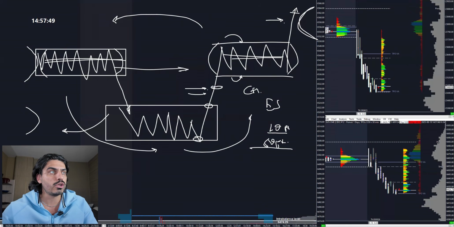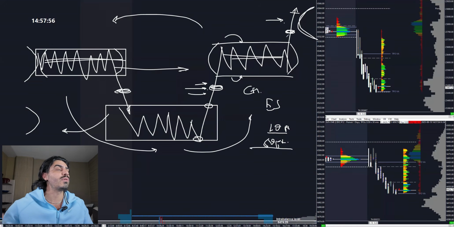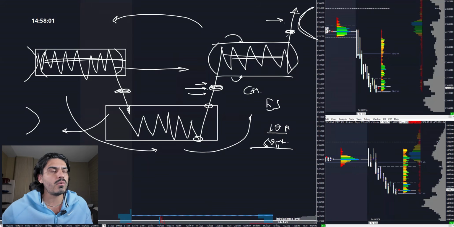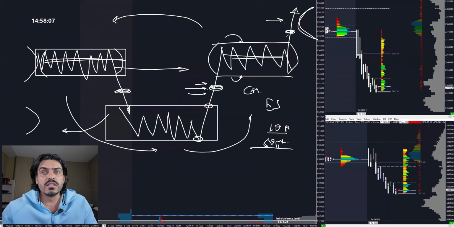Otherwise, if we get a close and a reopen on the RTH outside of these balances, that's generally what confirms this kind of trend expansion. So today, if we reopened above or below a general balance, that means we're going to expect the expansion to continue in that direction. So when we're accepting outside of those areas, we want to follow the trend.